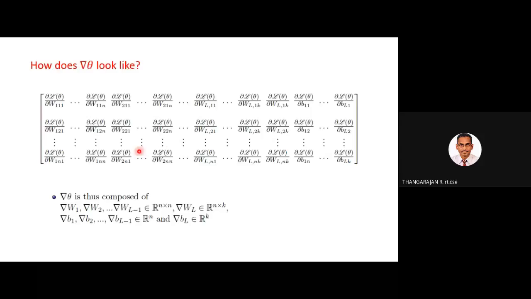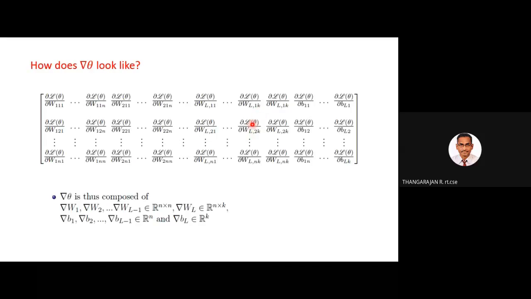So this is for the second matrix. Likewise it goes up to L, up to the Lth layer, and that's the top matrix. I told you L is the output, and for the output, the number of neurons is not n, it is k.